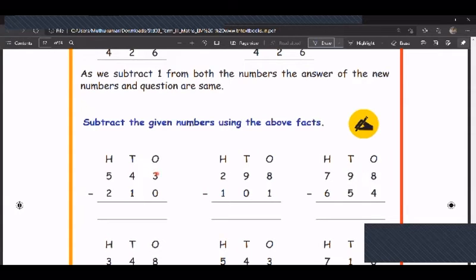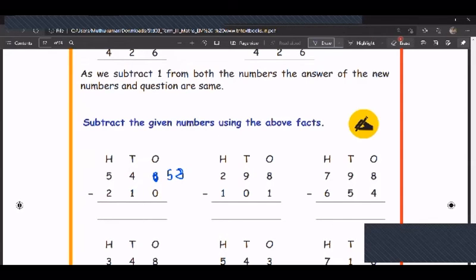Children, this first sum, you change it as 540 minus 209. So it becomes 539 minus 208. Okay, so you can subtract easily, 9 minus 8.